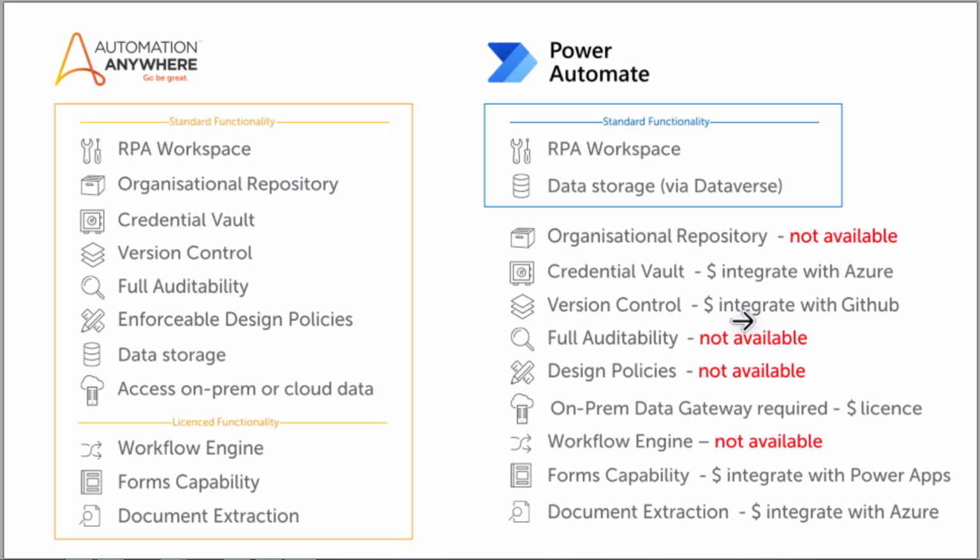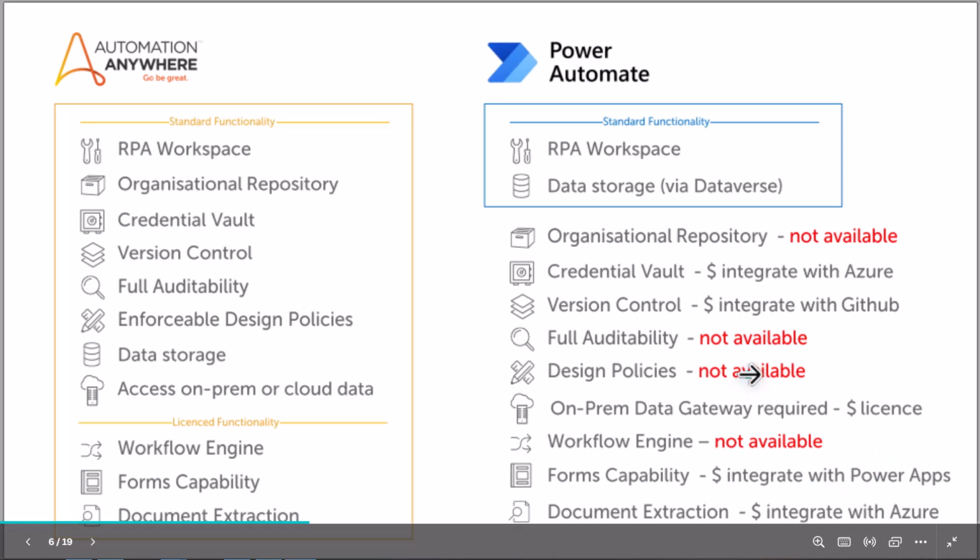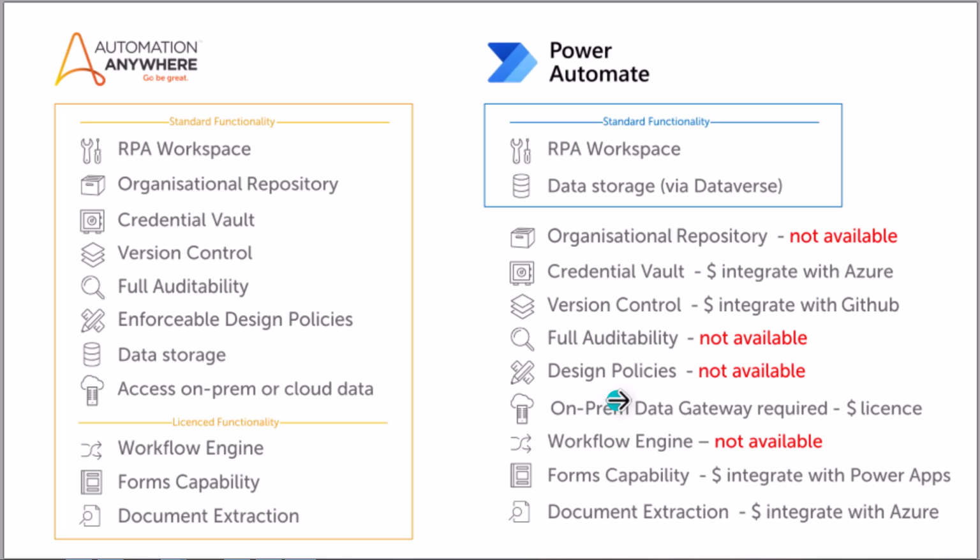If you were to build any form capability, you have to integrate with Power Apps, or for document extraction you need to integrate with the Azure Microsoft Form Recognizer service, again at additional cost. Same with version control, we can integrate with GitHub, but it comes with additional cost.